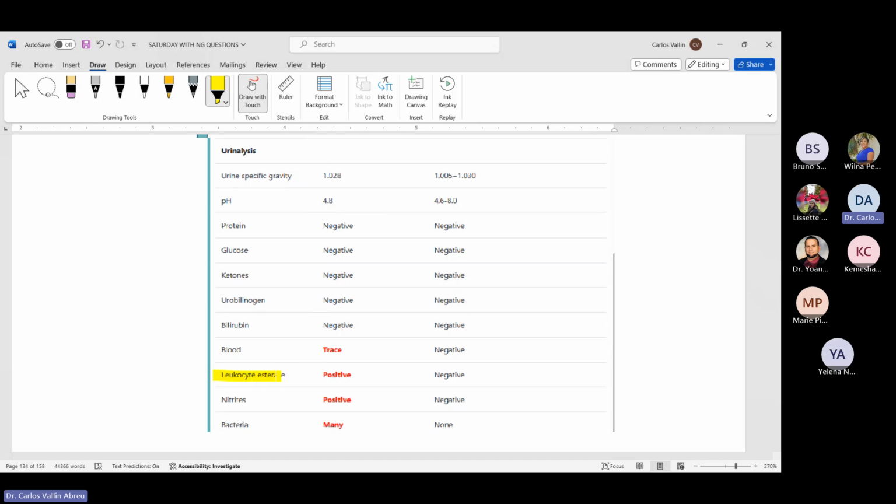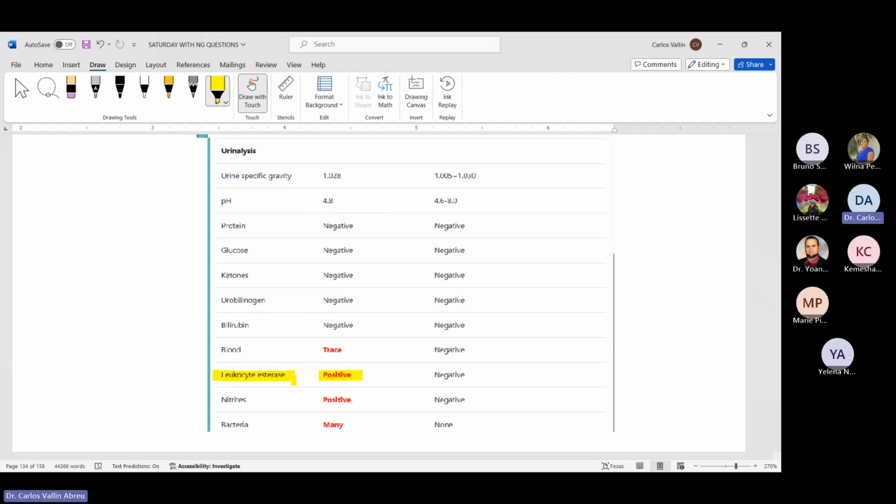Leukocyte esterase is an important test that is reported in the urinalysis and can even be determined with a dipstick test that can be done by the nurse. Positive. This is an enzyme. You know that anything that ends in ASE is an enzyme. This enzyme is produced by the white blood cells, which are also called leukocytes.